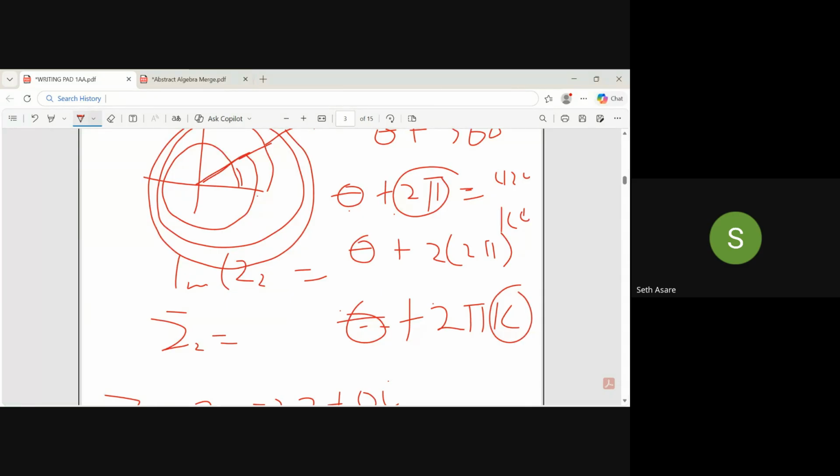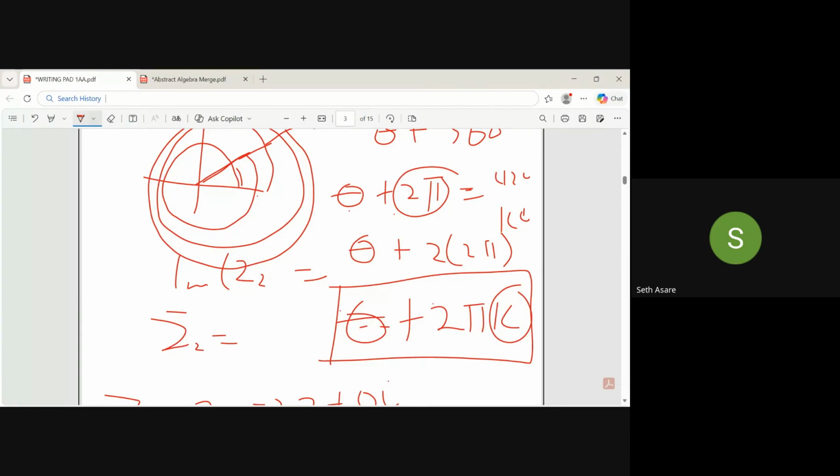Are you okay? So this one is going to be given us as the general formula to look for all the angles, because it is not only 60 that will give me that answer. You say 420 will give me. Are you okay? So there are so many angles that will produce the same answer as the 60.